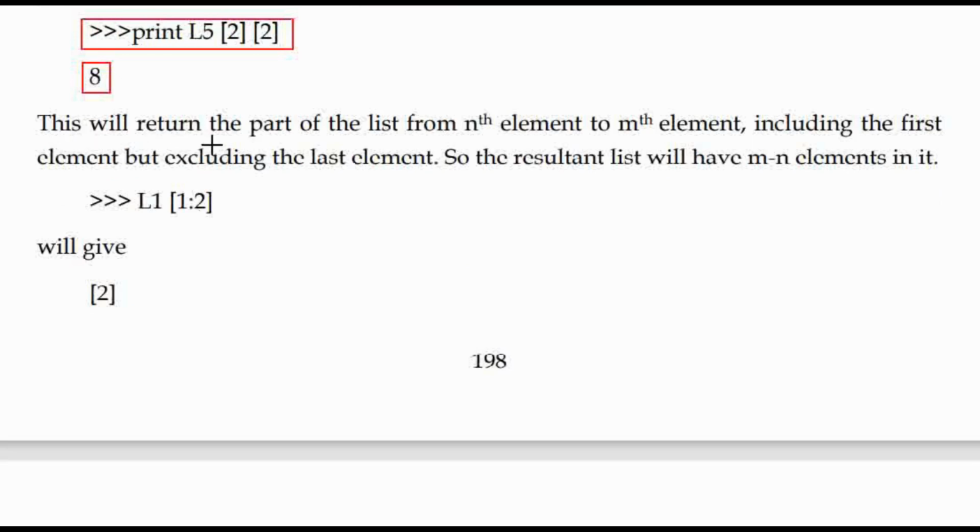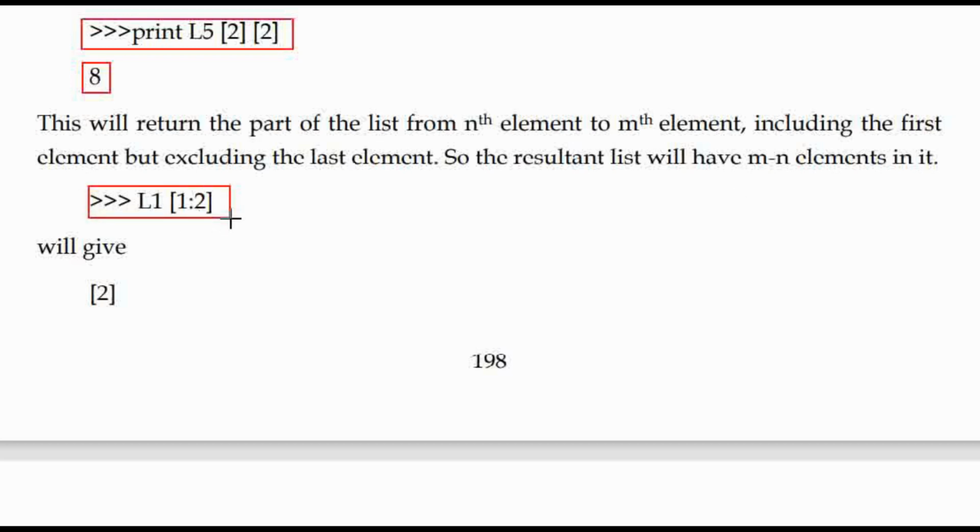This will return the part of the list from the nth element to the mth element, including the first element but excluding the last element, so the resultant list will have m-n elements in it.